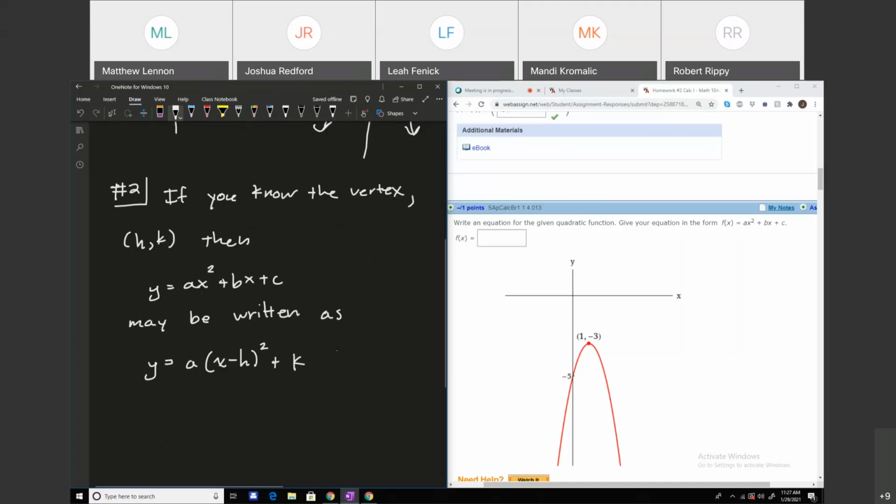Yeah, so this is known as the vertex form, which is different than the vertex formula. So this h is like that negative b over 2a we were talking about.